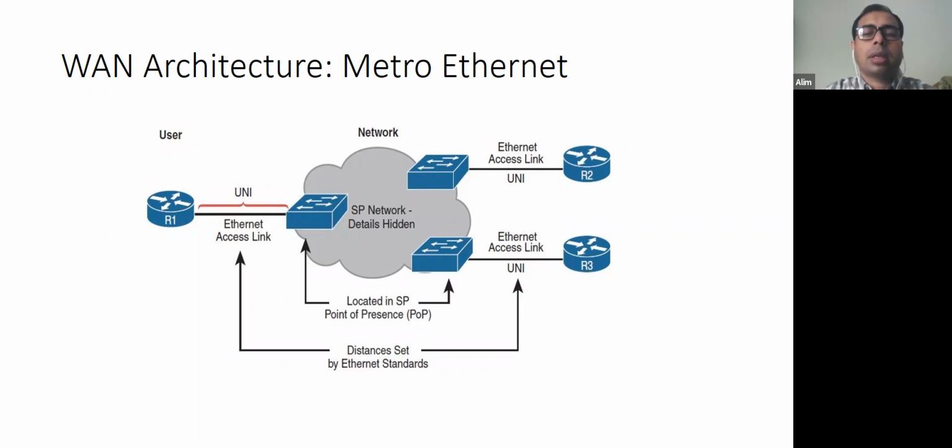The connections between the service provider's switches are maintained and managed by the service provider. You have nothing to do with that. You will get just connectivity between your router 1, router 2, and router 3. Okay. So you will just connect your router to the nearest switch or router of the service provider.